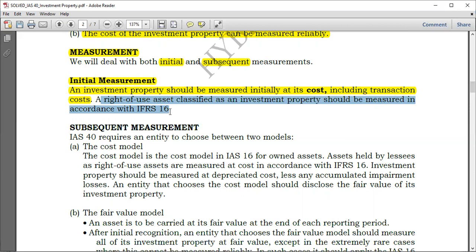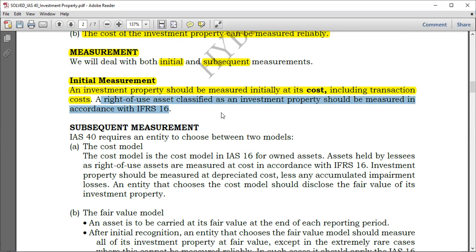Simply speaking, maybe you expect to pay $50 million at the end of the first year, another 50 at the end of the second year, another 50 at the end of the third year. Then you take the present value, and you would have the right of use asset. If there was transaction cost, you would add it. So that's what you do.